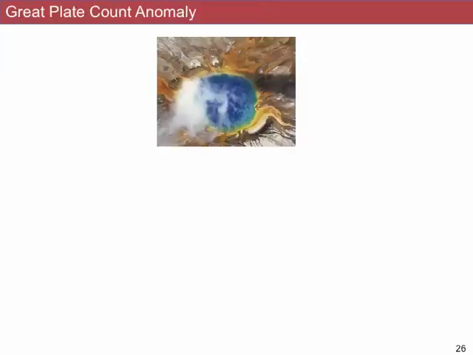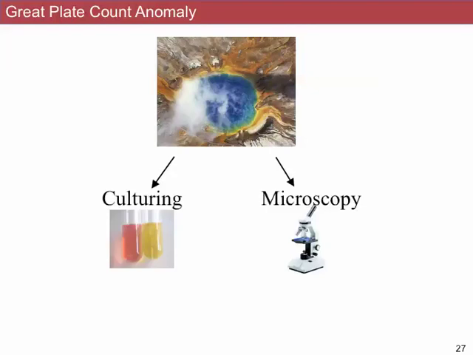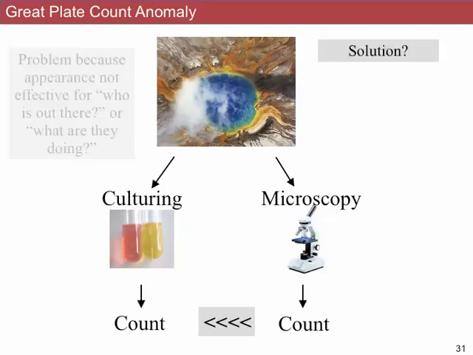So the point of this is, if you go to any environment, like a hot spring, or in fact the human gut, you take these samples, you split them in two, like I was saying before, you look in the microscope, you grow things. What you find is many more things you can see in the microscope than you can grow. And for the human microbiome, that's true throughout wherever you look. There are more things that you can see than you can grow. So what do we do in this case?